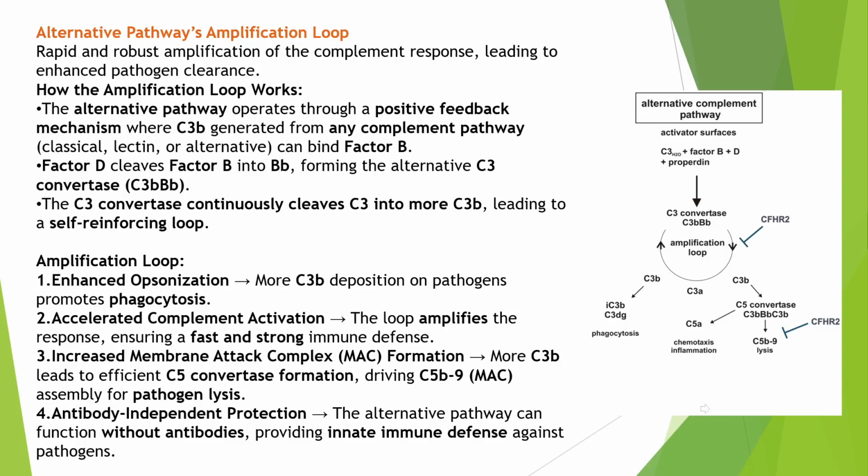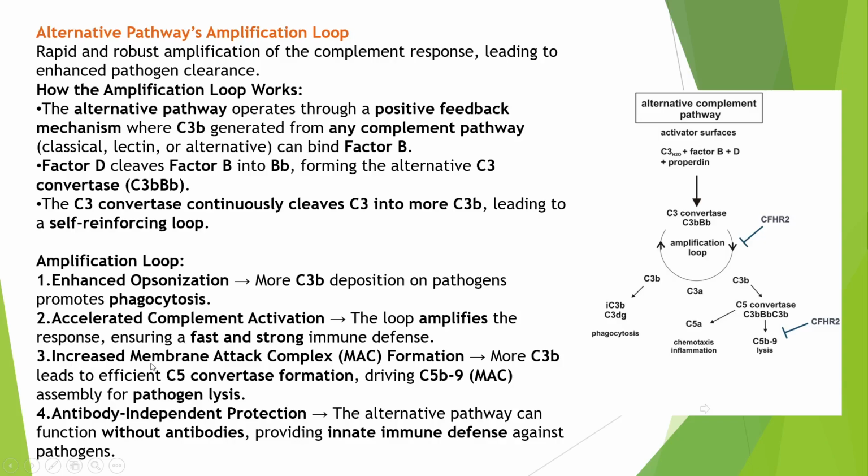activation of the pathways. So with the amplification loop, enhanced opsonization occurs because more C3b deposition on the pathogen promotes phagocytosis. Then accelerated complement activation occurs because the loop amplifies the response, ensuring fast and strong immune defense.